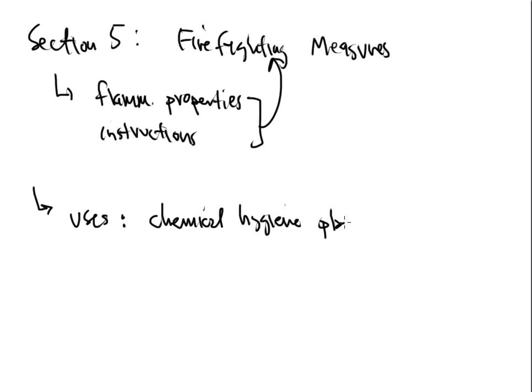And we're going to talk about a chemical hygiene plan in the next set of lecture videos for the next part of the module. And we'll talk in more detail about what this basically is and what should be included in the chemical hygiene plan. But as a lab worker, that's why maybe I would refer to section number 5 later on as we begin to develop the method from scratch.